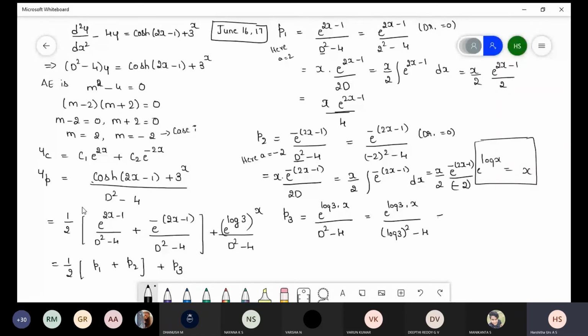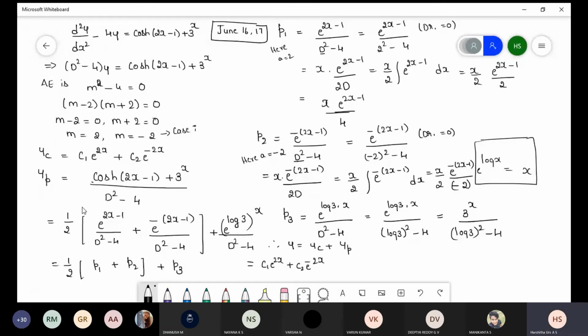We can write e^(log 3) is 3. So 3^x divided by (log 3)² minus 4. Therefore, y is equal to yc plus yp. So here yc means c1 e^(2x) plus c2 e^(−2x).